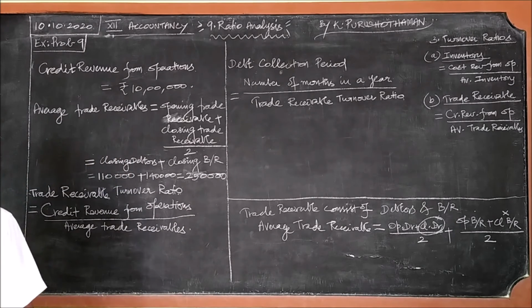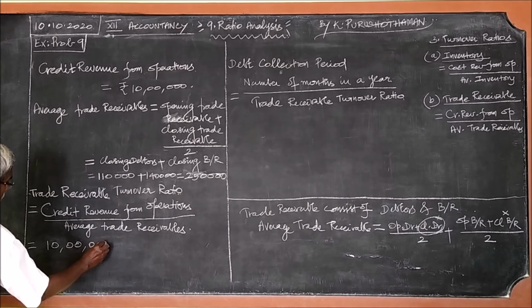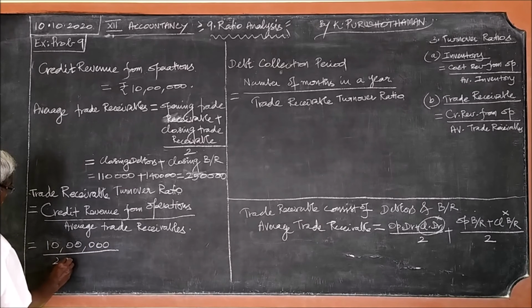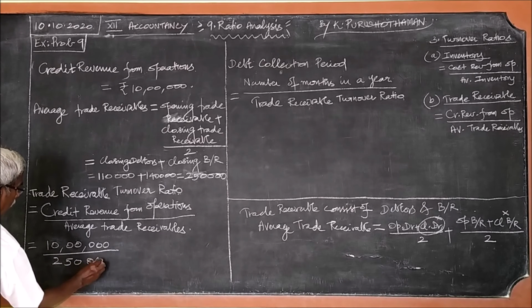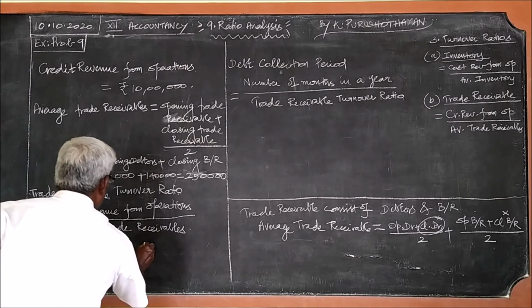So we have found the values: numerator 10 lakhs, denominator 2,50,000. You can simplify, cancel 4 zeros, 100 by 25 is 4.